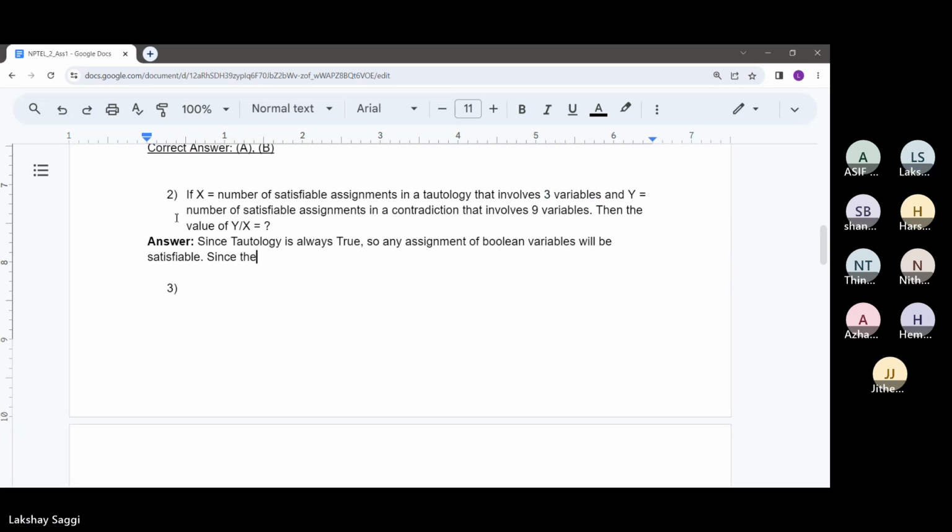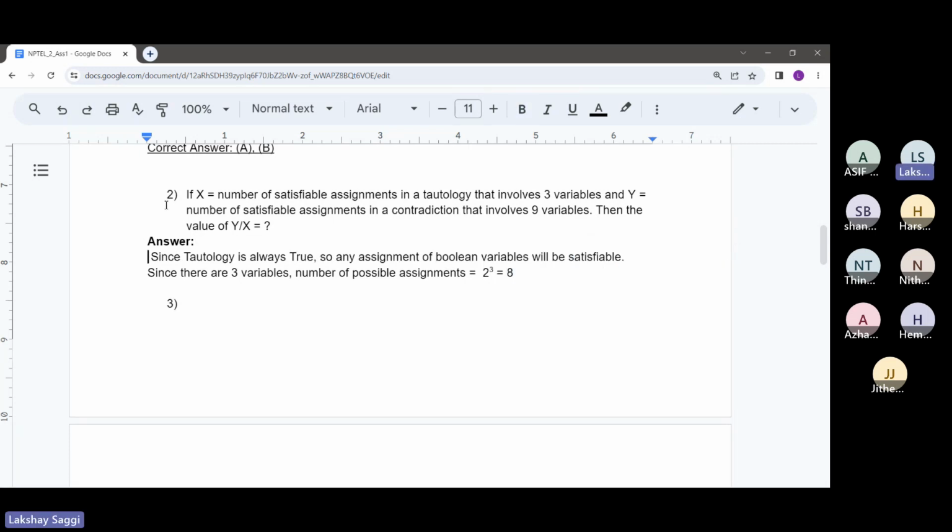Since there are three variables, the number of possible assignments is equal to 2 raised to the power 3, which is 8. So here I'm calculating x.